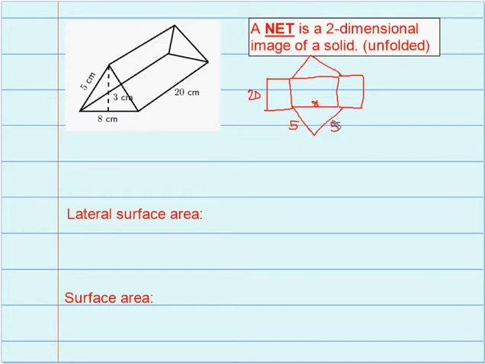And so knowing that this is 5, then these sides here have to be 5 because they match up with these parts of the triangle. This would be 20, 5, 8, and so on. Now we can use a net, this helps to calculate area.